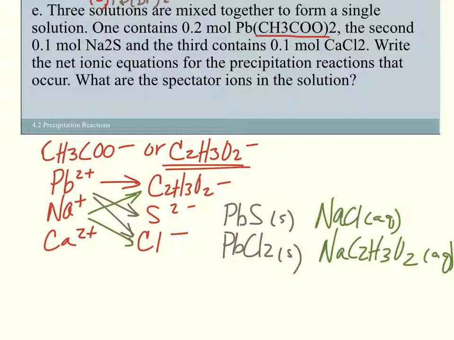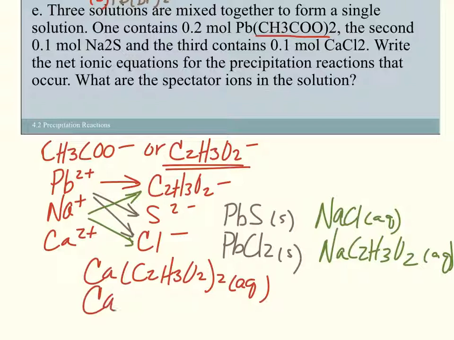And in our last possibility, we've got Ca with acetate, Ca(C2H3O2)2. That's going to be, under the no exceptions rule, aqueous. And then we have CaS, which is aqueous.